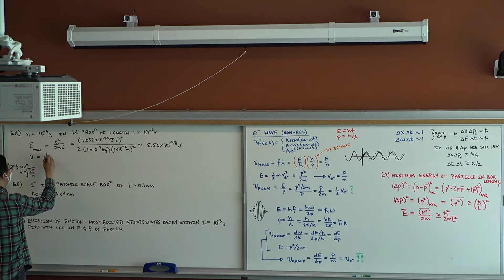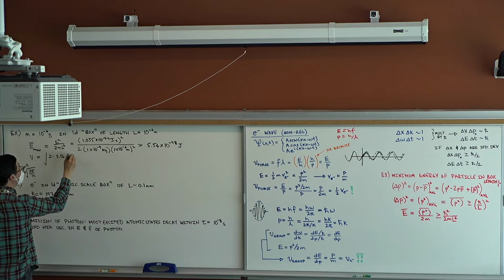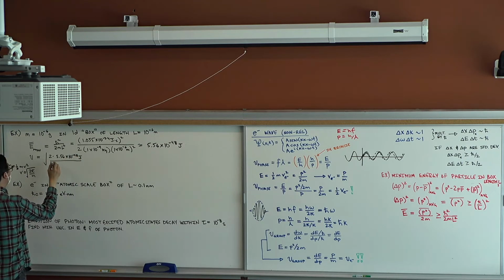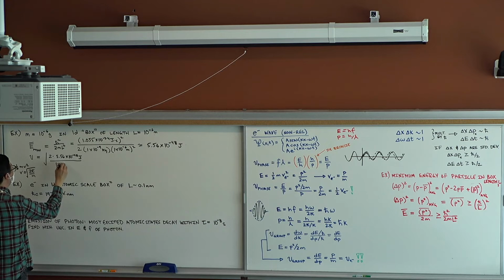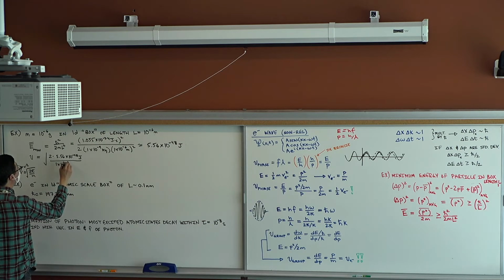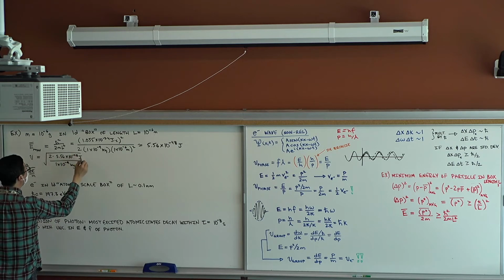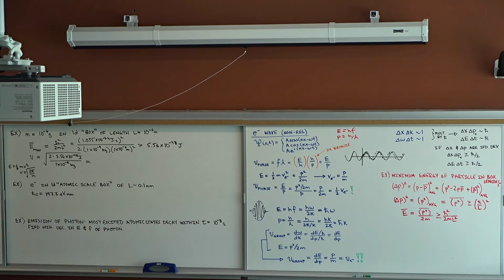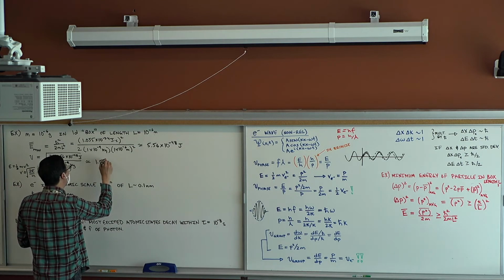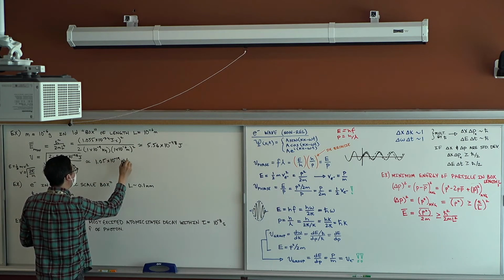So 2 times 5.56 times 10 to the minus 48 joules over 1 times 10 to the minus 9 kilograms. So square rooted, I'm getting about 1.05 times 10 to the minus 19. And those are in meters per second.